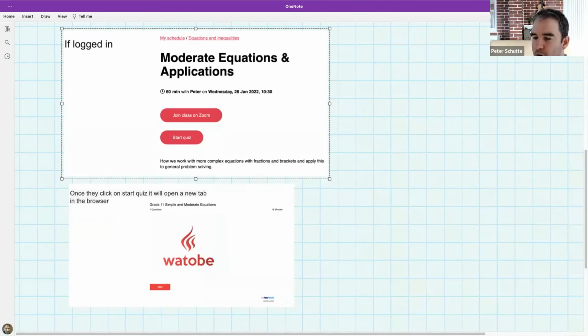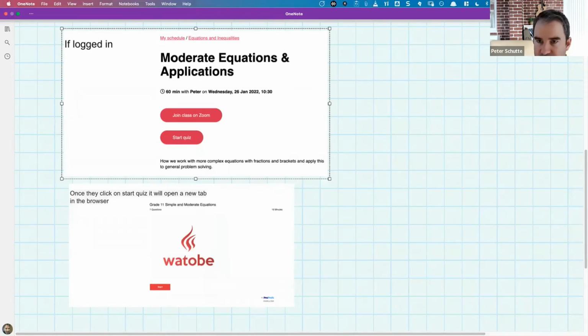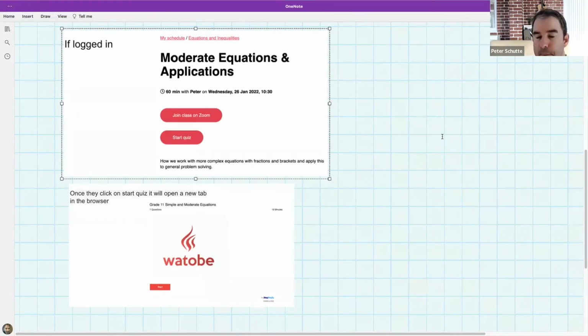For those who haven't signed up, you won't be able to do the quiz yet, but we can use this time now to try and get you signed up. Maybe you can get your parents into the room and we'll stay and try and help you for the next 10 minutes or so. But if you can't do the quiz today, no worry. All you need to do for the rest of today is get to the website and sign up for the free trial.